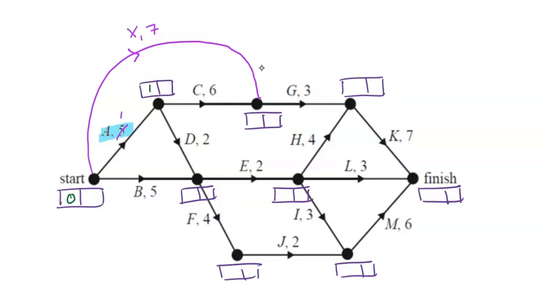Okay, so that should be a 7 moving forward, 7 coming in from X, they're both the same, 10 from G. If we go back and do B, we've got 3 from D, so 5, F gives us 9, J, I've got 11 or 10, so 11, M, 17, L, 10, and then let's finish off, so H, 11, so 11 moving forward, and 18.